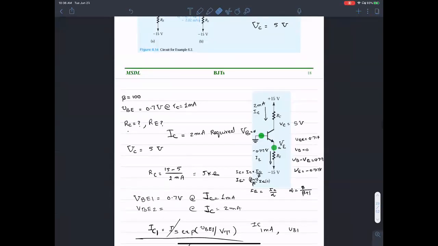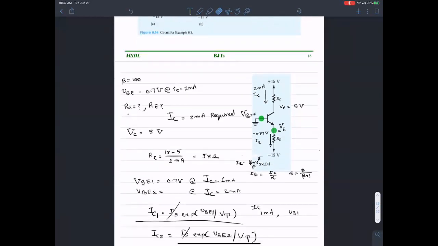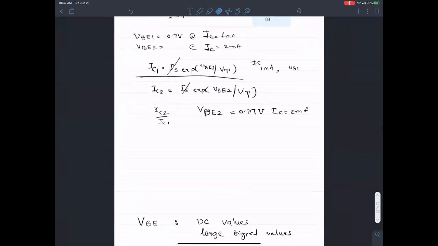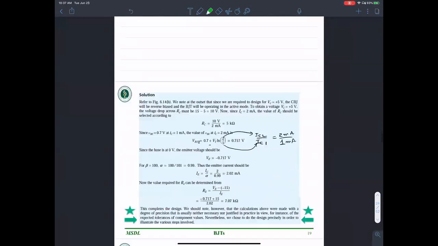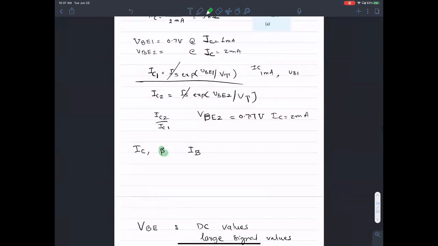And alpha is the current gain factor, correct? Current gain. We don't have to get lost because of these formulas. If you have two of IC, beta, or IB, you can calculate the third.